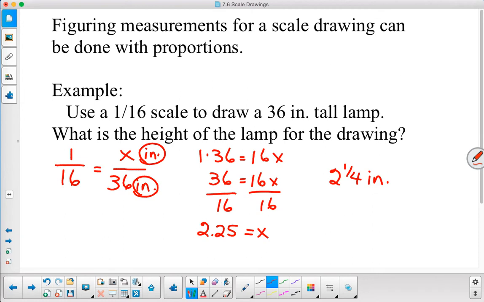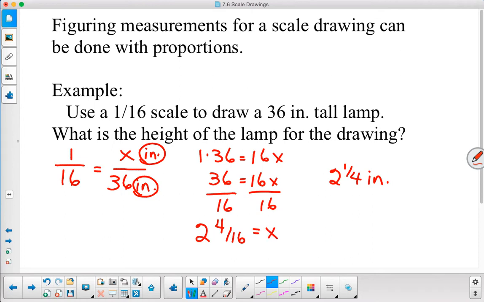That's how tall you would draw the lamp when you make the scale drawing. Now, if you don't know that 2 1/4 inches is the same as 2.25, maybe we need to go back and instead of putting this answer in decimal, go in fraction. 16 times 2 is 32, so there would be 4/16 left. 4/16 reduces to 1/4.